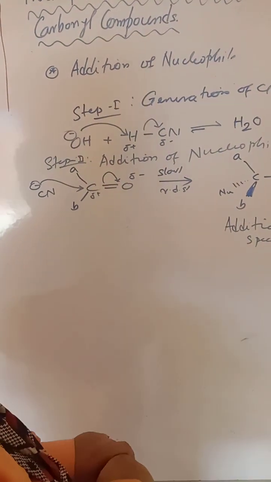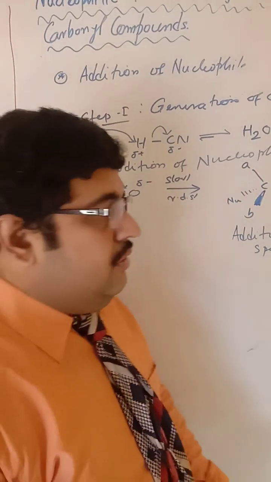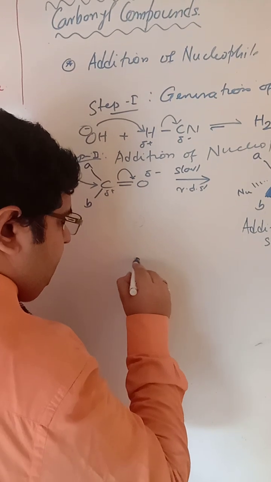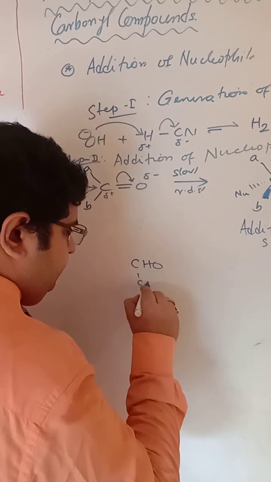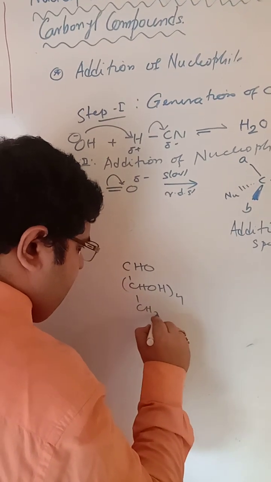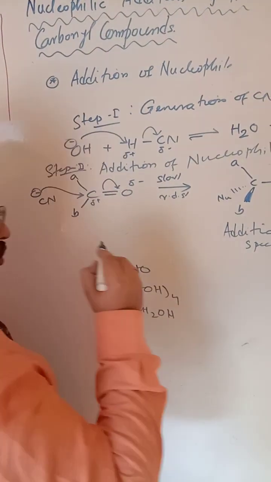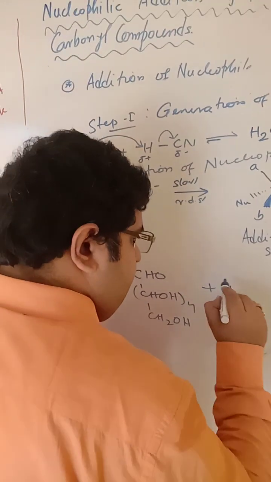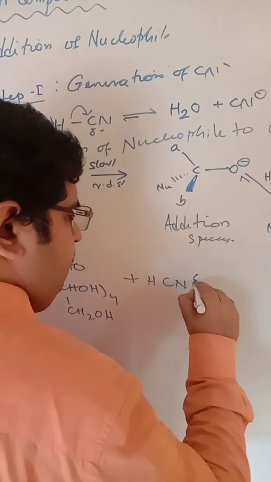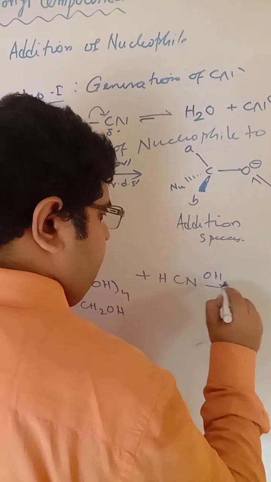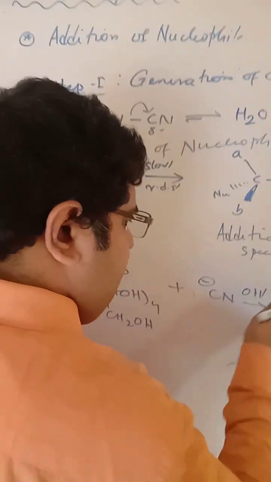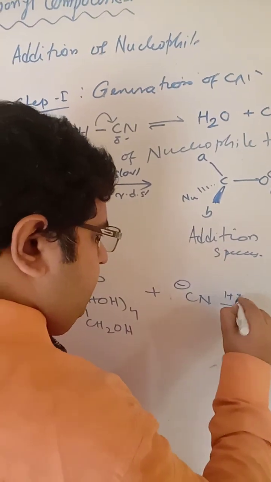So if you try to go for an application, this can also be done with glucose. Suppose I am using glucose, just writing the formula in gist. To glucose, if you add HCN, obviously OH minus also you are using here, CN minus, and then you are using H plus. What happens?